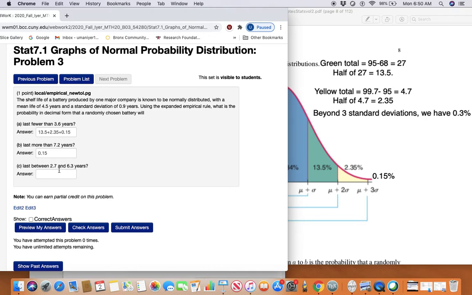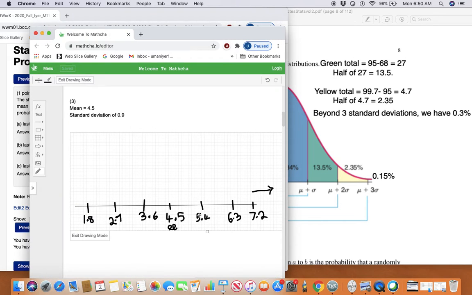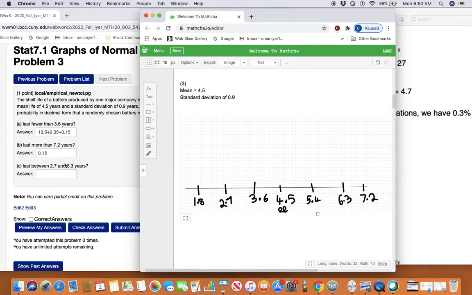Between 2.7 and 6.3. So let me erase this arrow out here. I'm looking at this much.